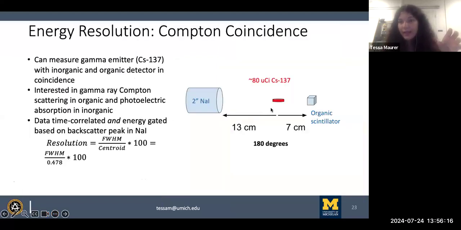So it's a gamma emitter and it's emitting in all sorts of directions, so you can put as many detectors as you want to pick up particles emitted by a source. As long as the source is collimated and emitting in all these directions, it really doesn't matter where. You can have a whole array of scintillators around this source.